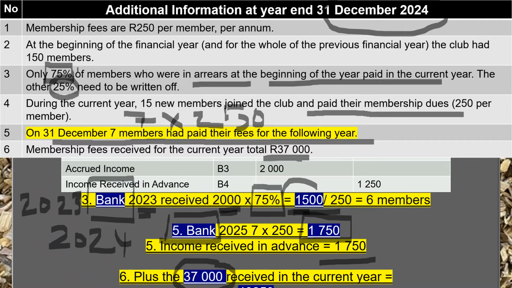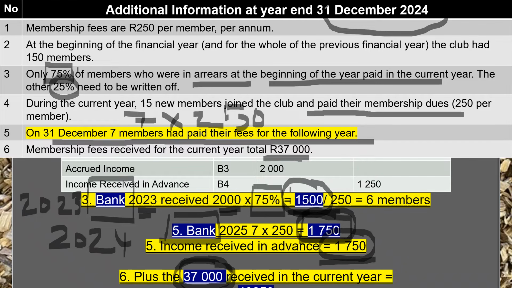We received 1,500 plus 1,750, the new members, the members that owed us from last year, and the current members, 37,000. That is how much has gone into our bank account in the current year for membership fees. But 1,750 relates to 2025.